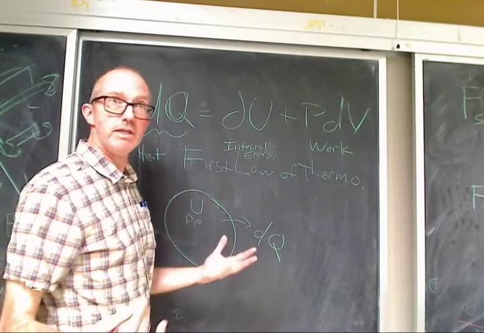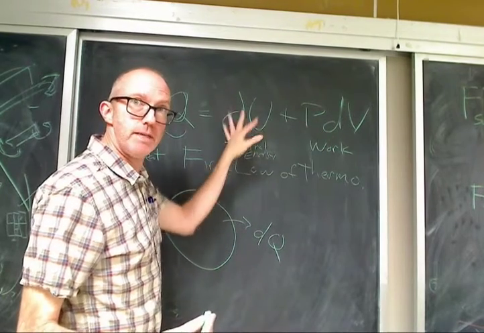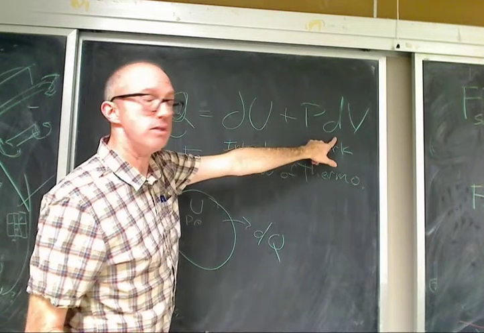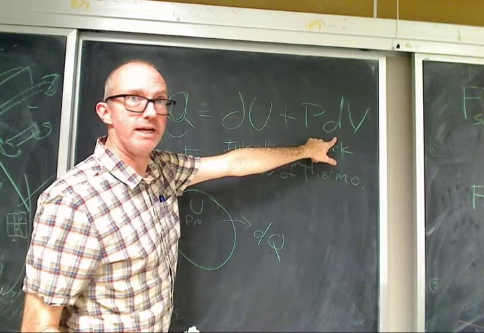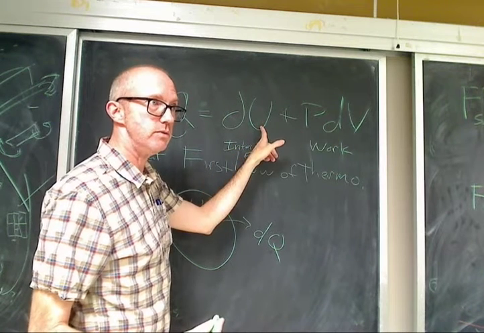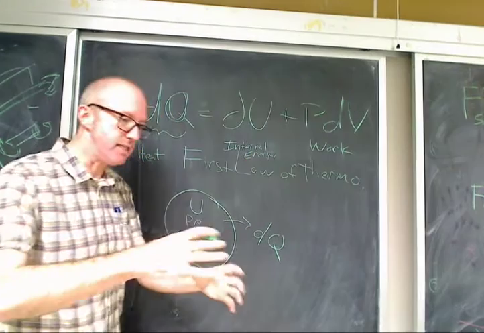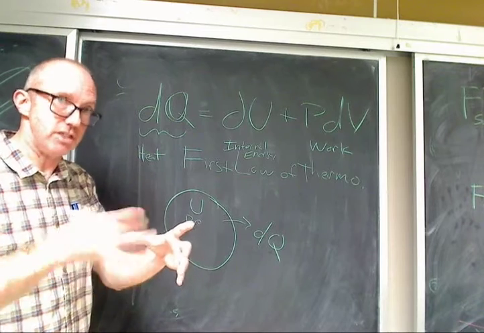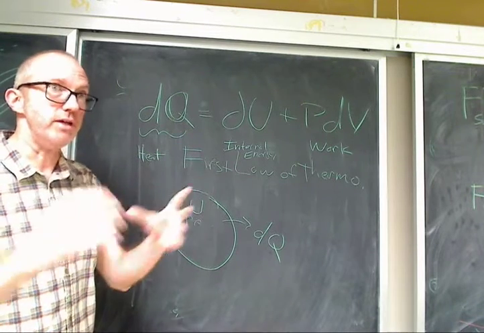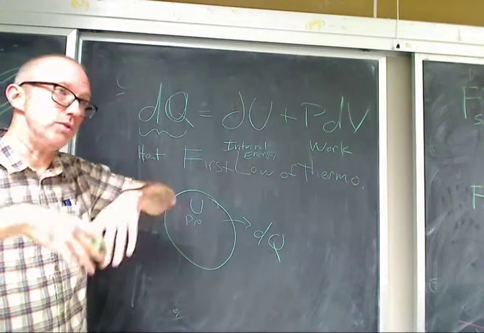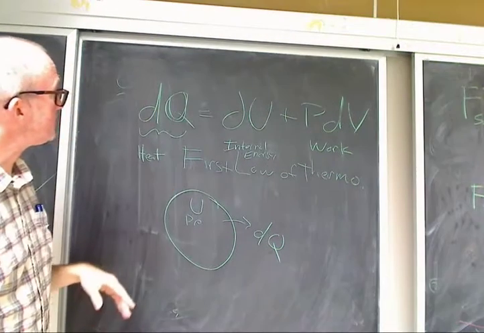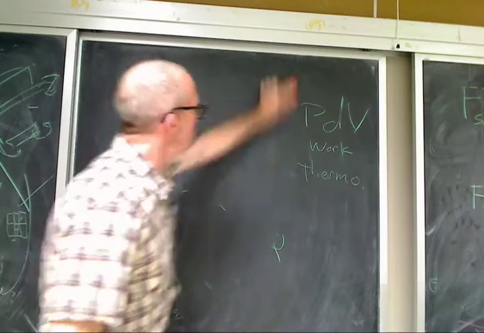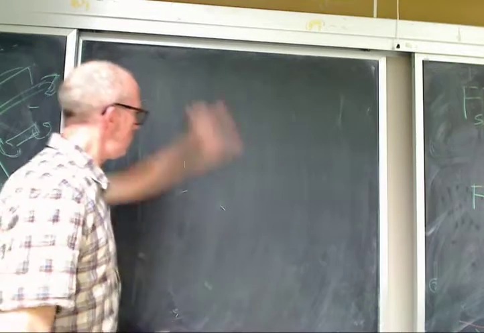And depending on my boundary condition, I can fix one or the other. If I fix the temperature, then I can fix this, and then all of the heat flux goes into work. Or if I fix the volume, like with a rigid bottle, then I can't do any work, and all of the energy change goes into internal energy. So if I have a rigid cylinder and I start to heat it, I'm not going to do work on the gas. The internal energy is going to go up until the bottle fails, and then the gas will do work on the environment as it expands. So this is something that will come up again, but I'm not going to ask you to know that at any point.